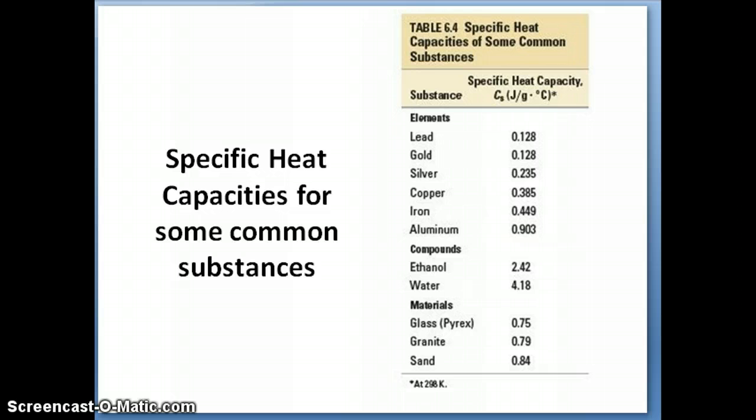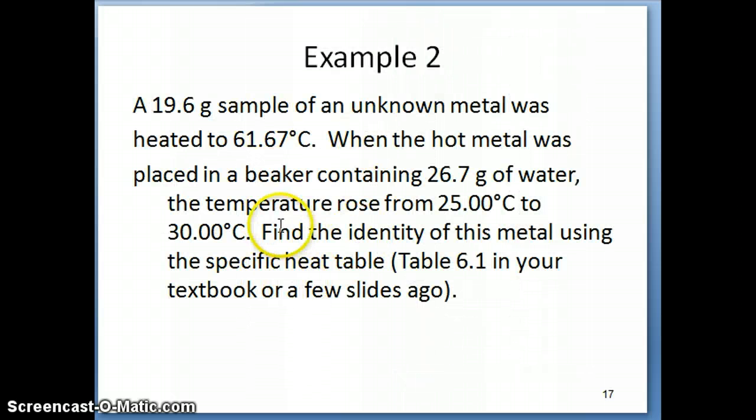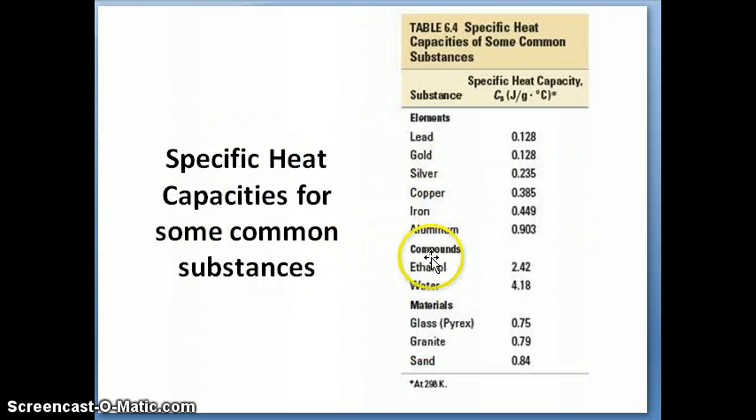Based on that question, it should be fairly clear that what you have to do is calculate the specific heat of the metal, right? Because if you find that number, you can then go to this table and compare the number you calculate to one of these metals, and hopefully it will match one of them.